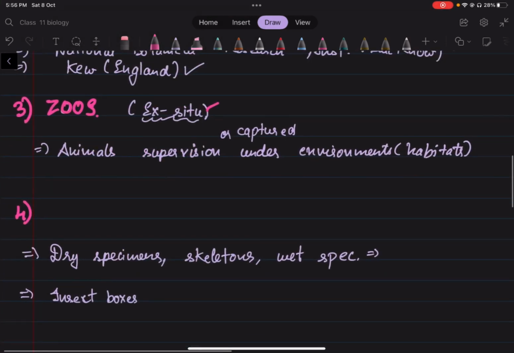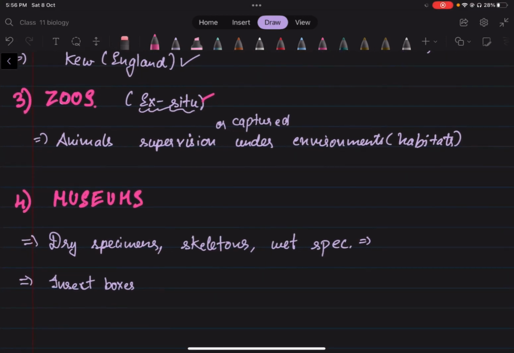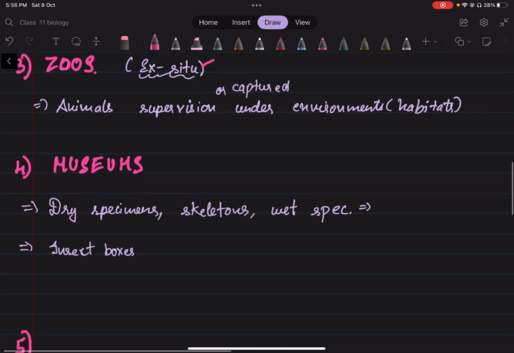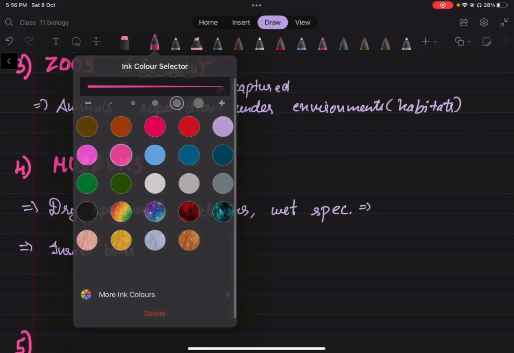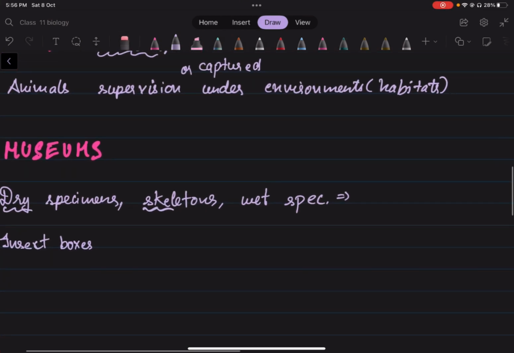Now the next taxonomical aid that we have is museums. I guess we all have been to museums too. We have seen historical museums, space museums and all that. But biologically speaking, the museums that we are speaking about are those with specimens of plants, skeletons of various animals, and all that. Even wet specimens are found. These are present in preservative solutions. For example, formalin is a good preservative agent.